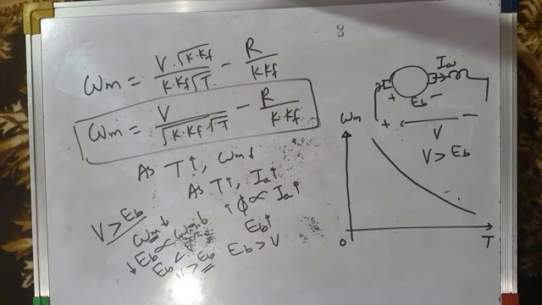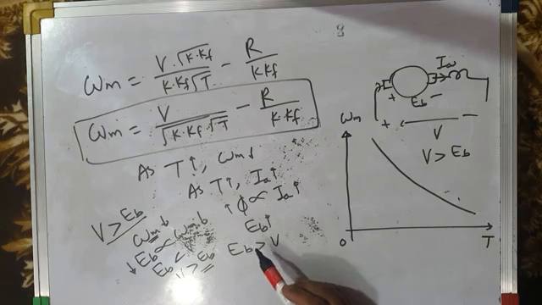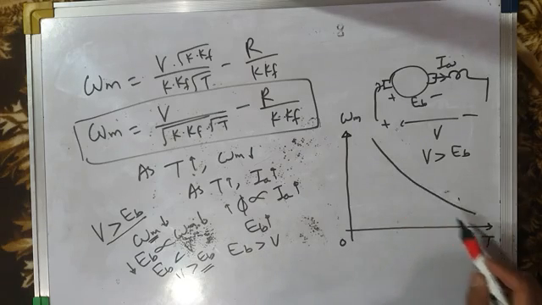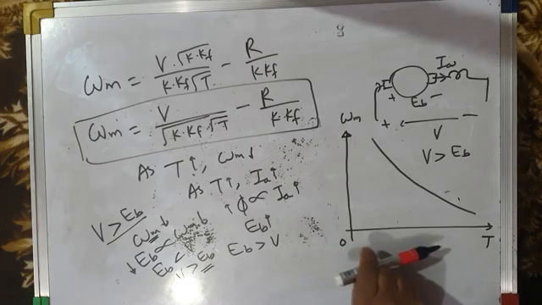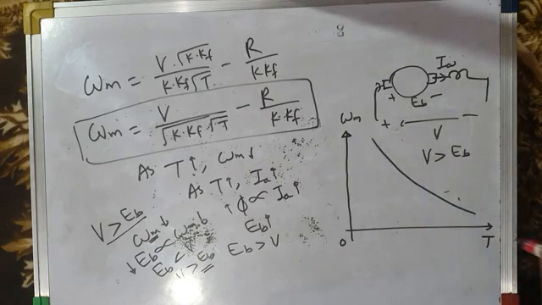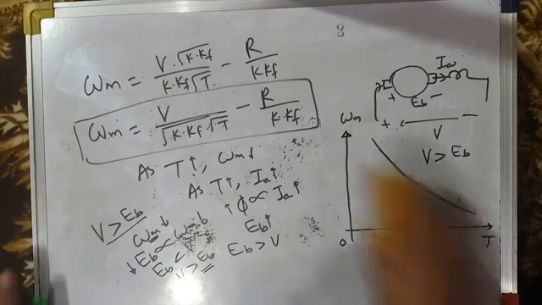Therefore, in order to maintain the balance between applied voltage V and back EMF EB, omega m, the speed of the motor, should decrease with increase in the load torque. So that is why when the torque on the motor increases, the speed decreases like this. Okay, so I hope this is clear.